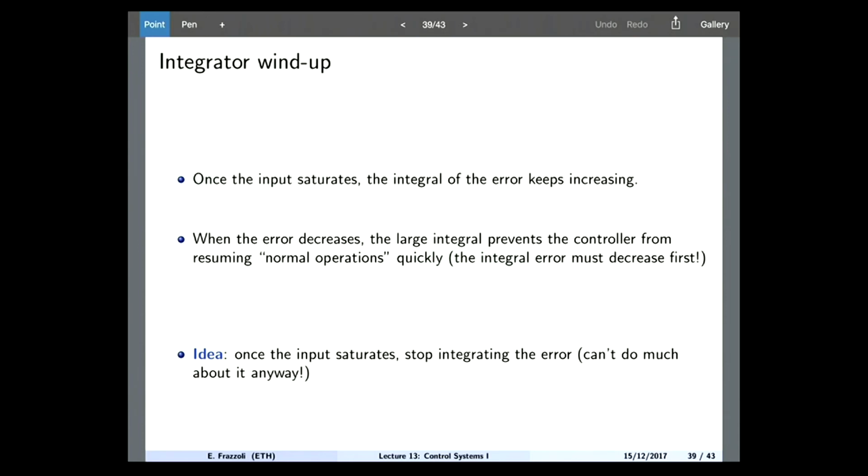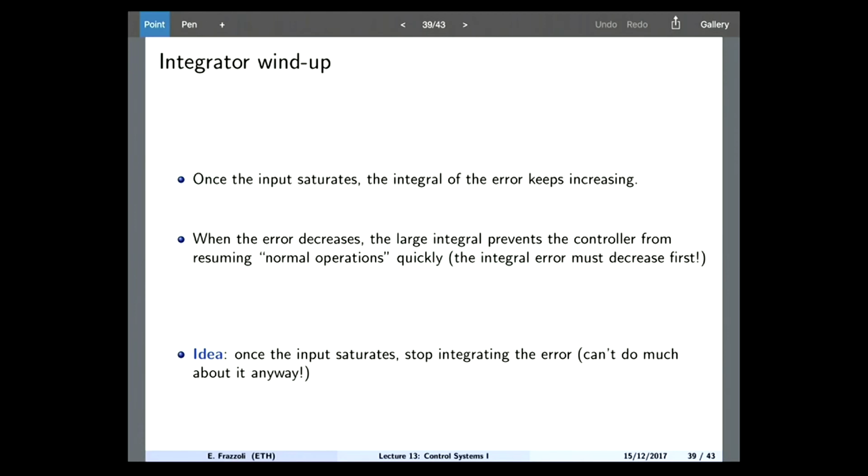This phenomenon is called integrator wind-up. You have this integrator that keeps charging up, even though there is nothing you can do to prevent that charging up. The idea to prevent this wind-up is actually a very simple one. Whenever you see that your input is saturating, stop integrating the error. Sorry, there's nothing I can do, so stop blaming me at this point.